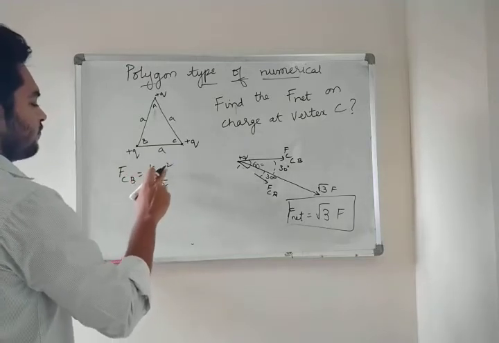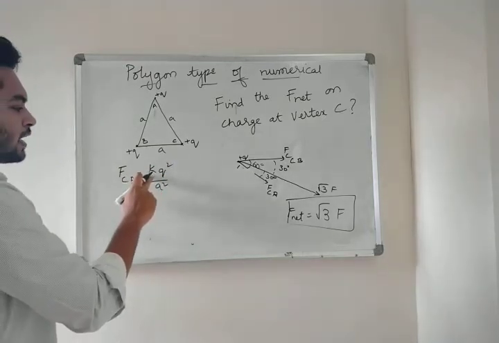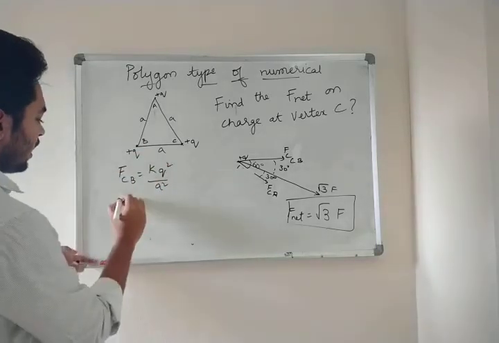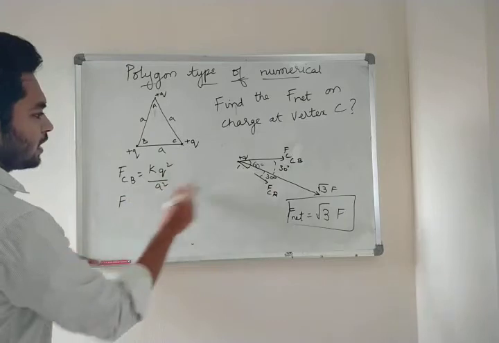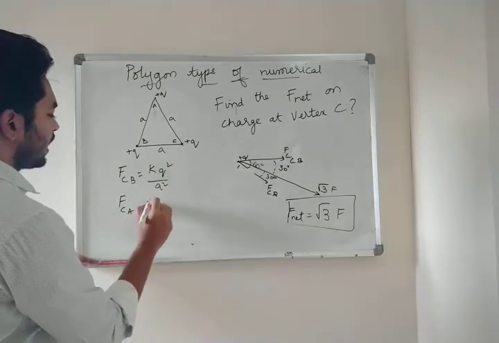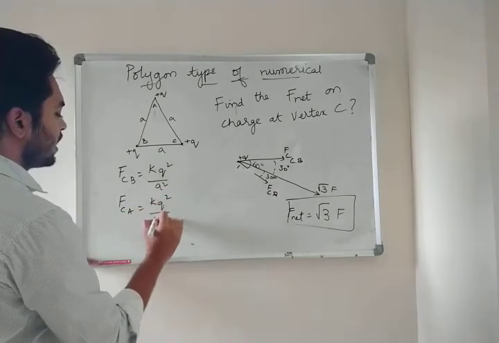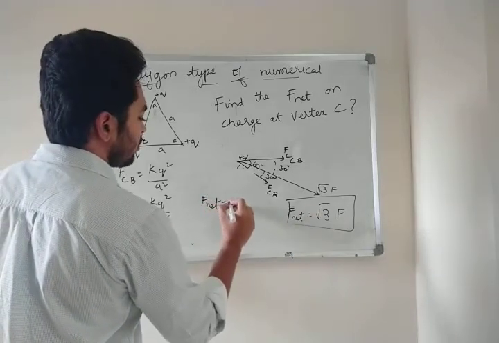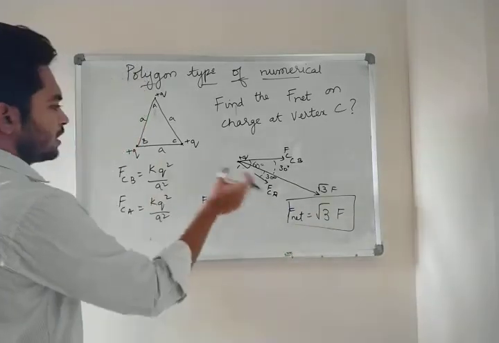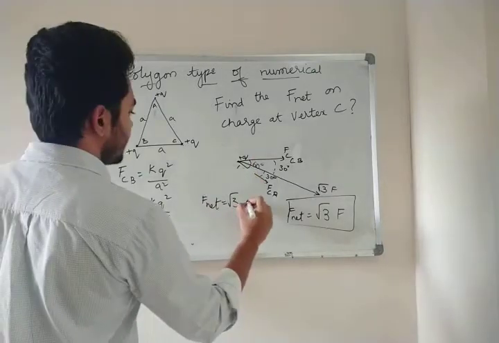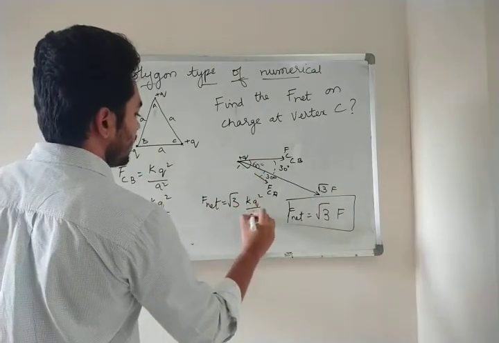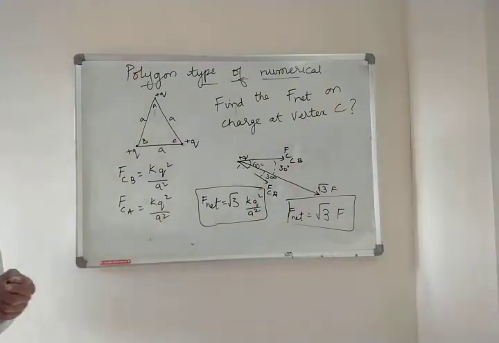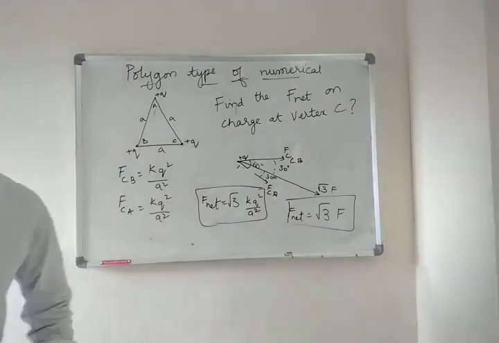F equals K into Q1 Q2 by A square, where A is the distance. Again, the force FCA is the same, K Q square by A square. Now here our final answer, F net, is root 3 into F. Both are the same, so you can directly write K Q square by A square. This is your final answer. Clear? Note it down.